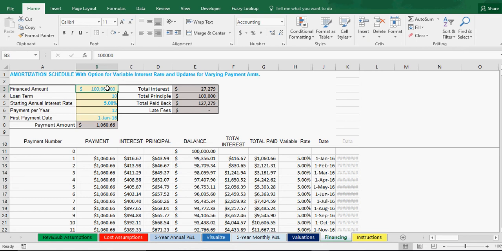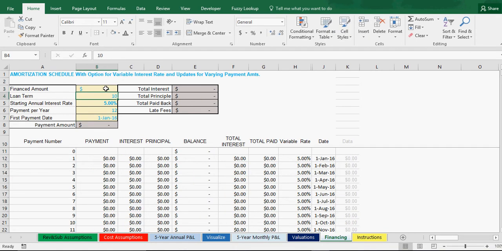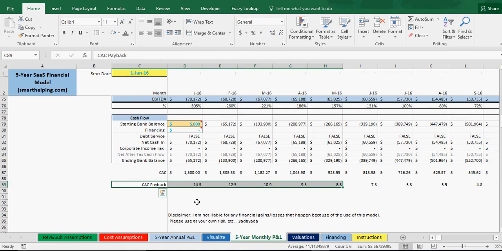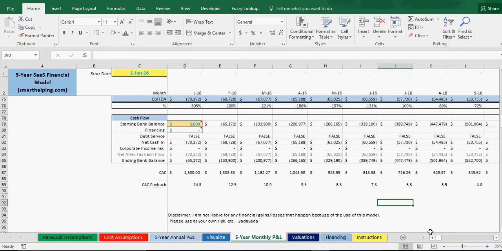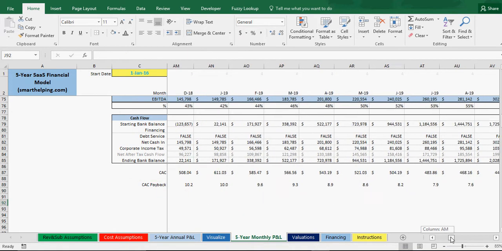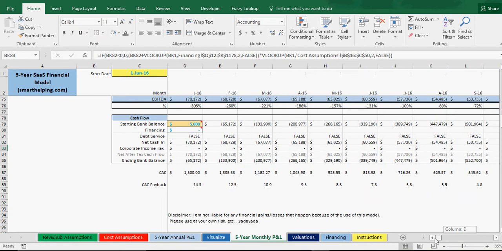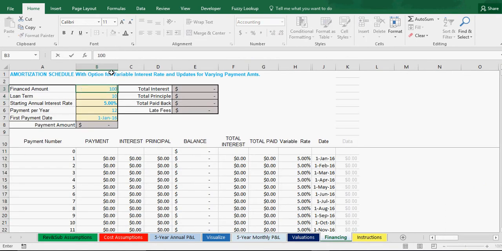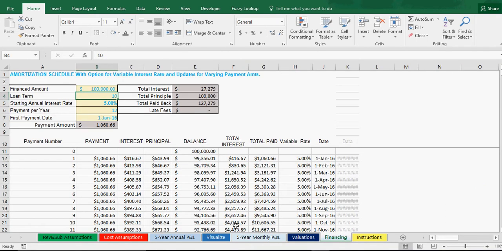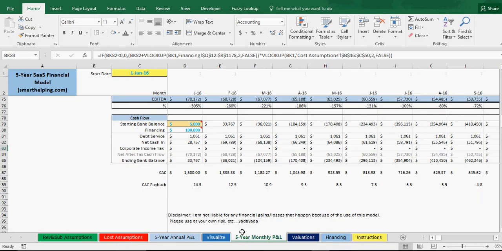If you have no financing, you can put 0. And that all flows into the 5-year monthly. You can see there's none there. Put it back to 100,000. And there.